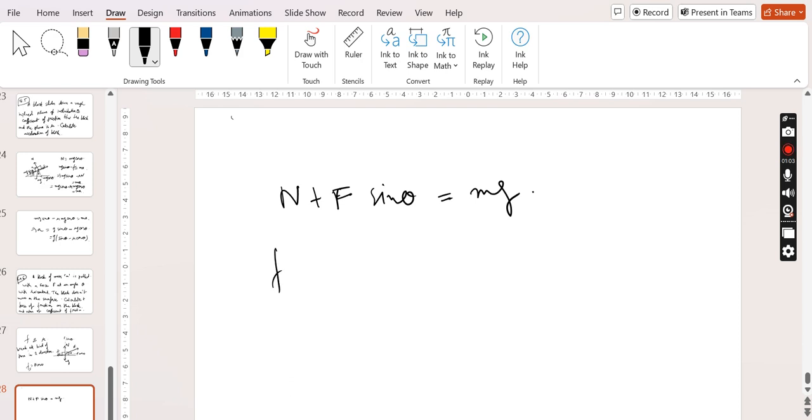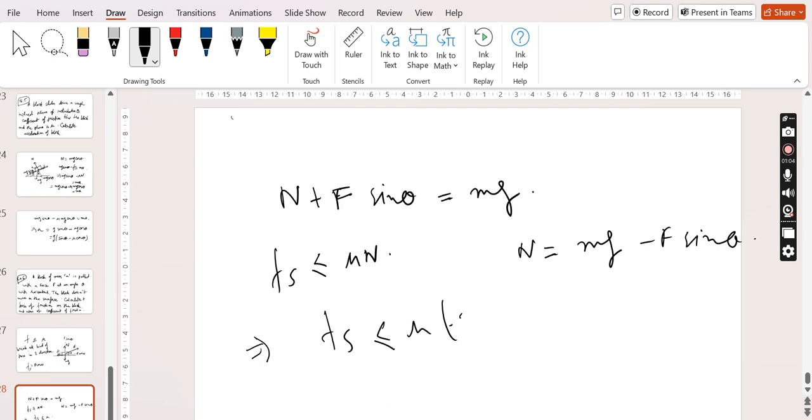And we know for static friction Fs is less than or equal to mu N. So we know what is N. N is equal to mg minus F sin theta. So this is Fs, mu into N.